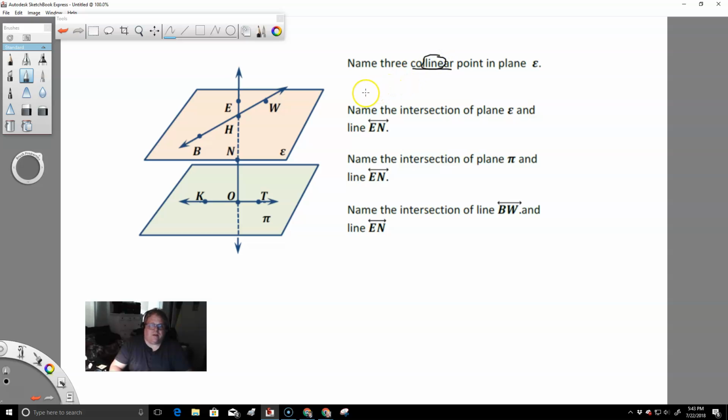I need to find points that are all lined up. So I look for 3 points that are lined up on or in the plane, meaning on the plane, like on the tabletop.